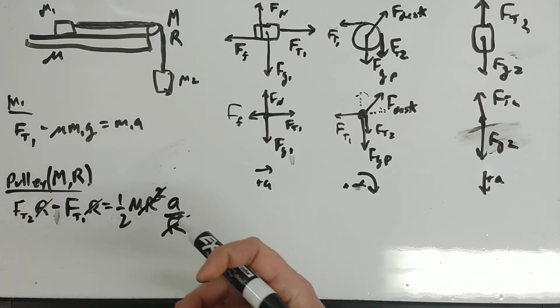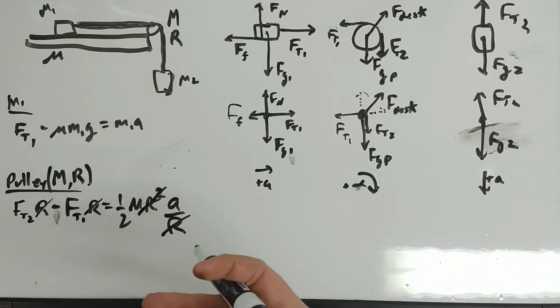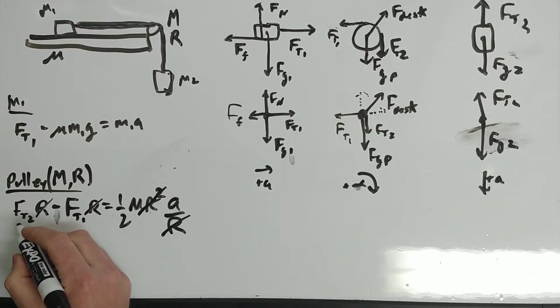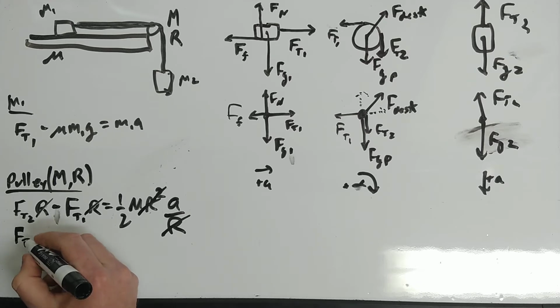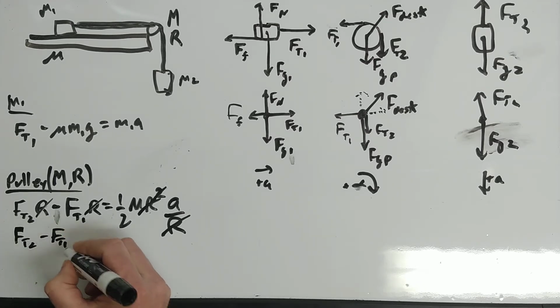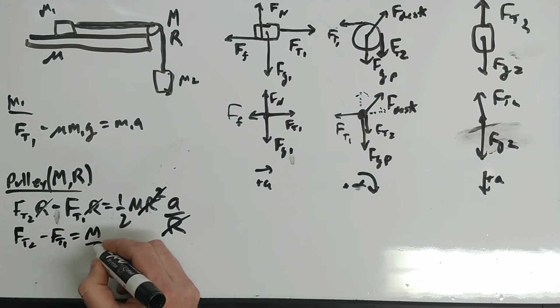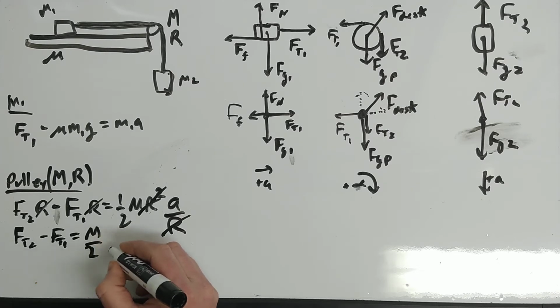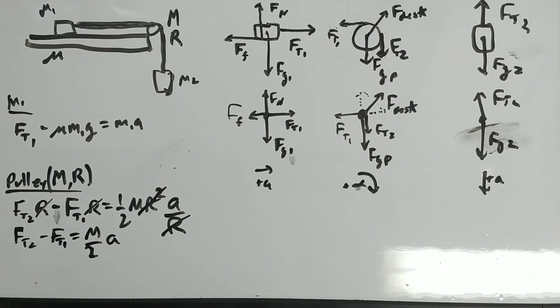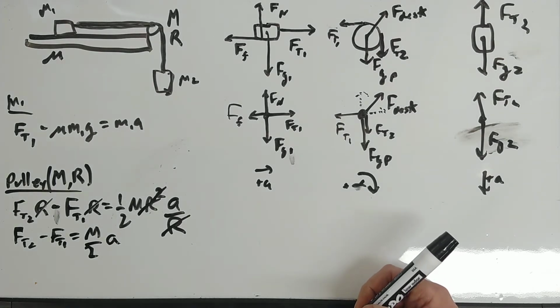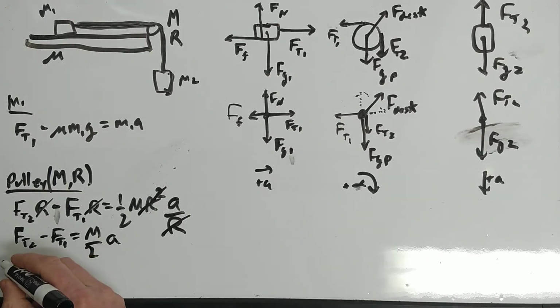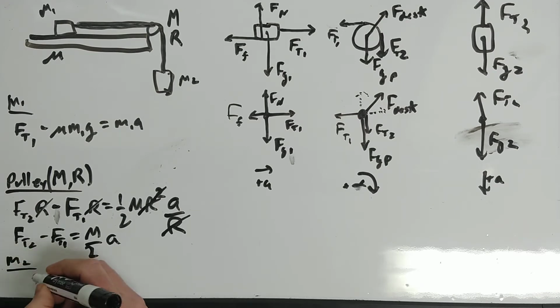It's mathematics after that. It's algebra. It's a lot of algebra. Sorry, but that's what it is. So I can simplify this down now. Ft2 minus Ft1 equals m over 2 times a.